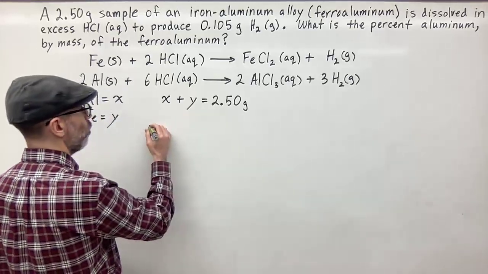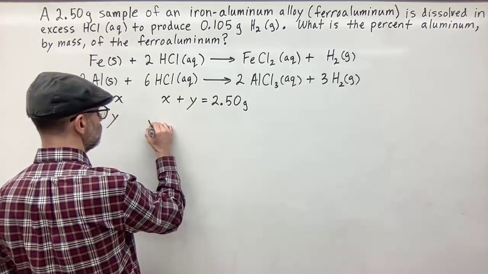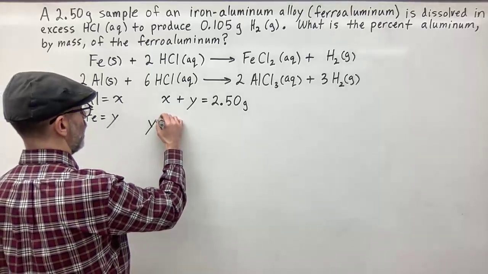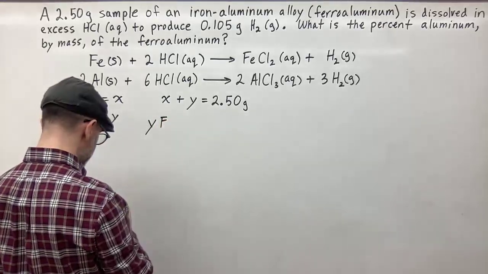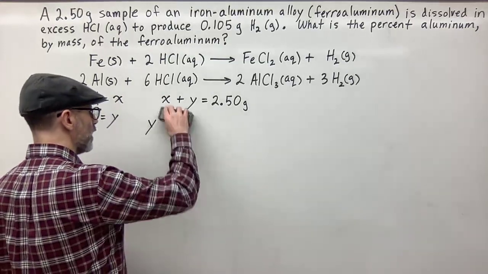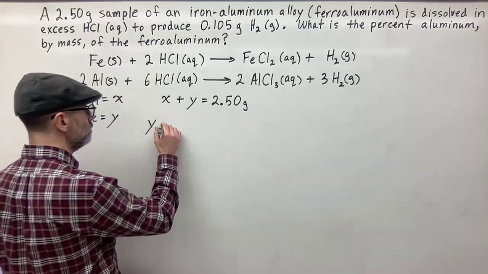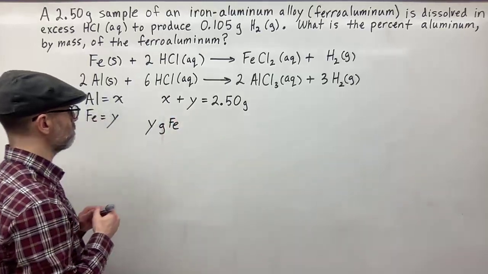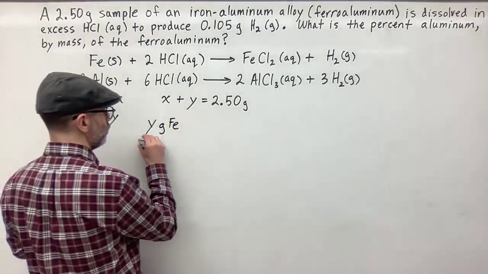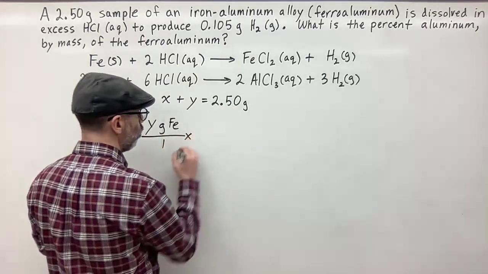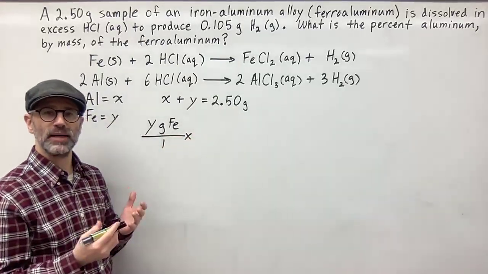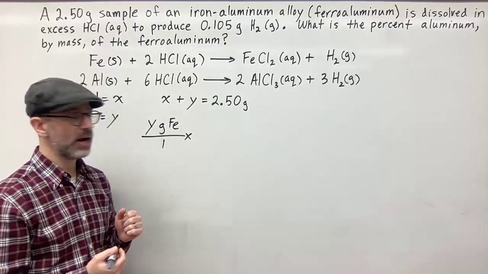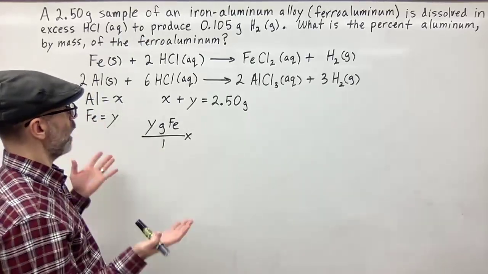So here we have Y. I have Y grams of iron, and I'm going to start that over 1. Now my goal is to convert that to grams of hydrogen gas produced from Y grams of iron. So I'm going to do stoichiometry.